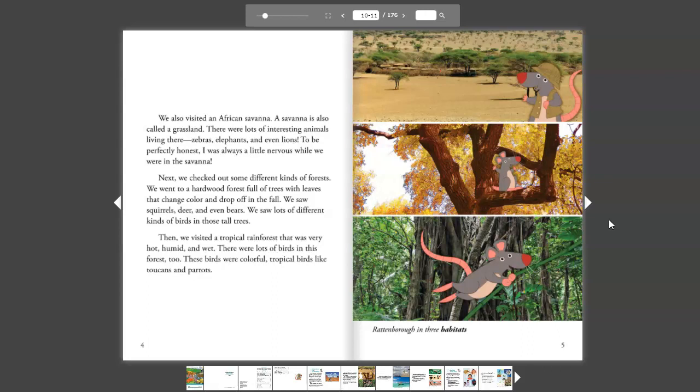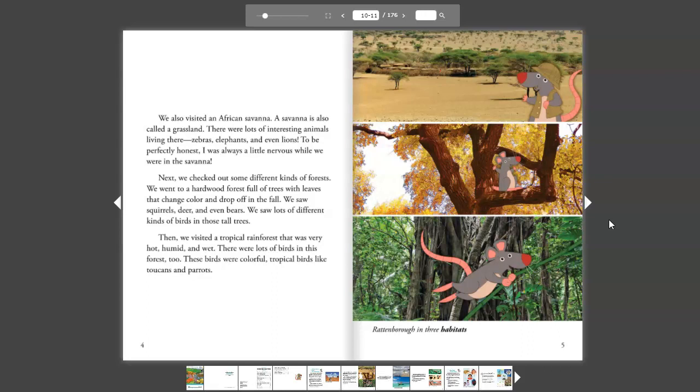Next, we checked out some different kinds of forests. We went to a hardwood forest full of trees with leaves that change color and drop off in the fall. We saw squirrels, deer, and even bears. We saw lots of different kinds of birds in those tall trees. Then we visited a tropical rainforest that was very hot, humid, and wet.